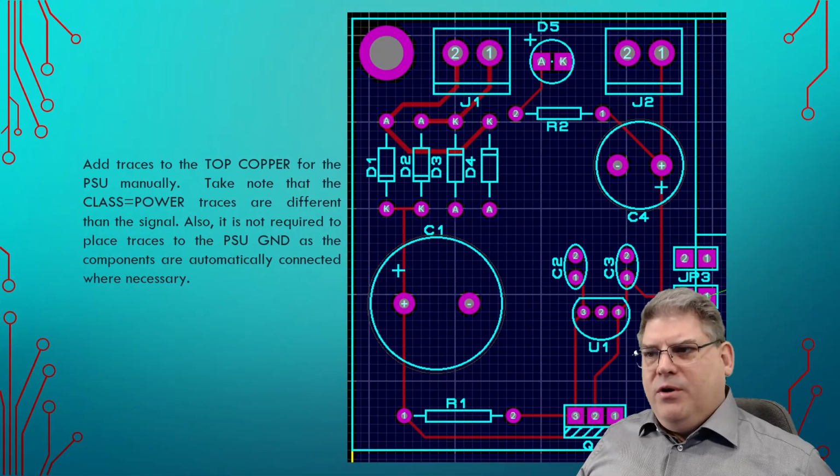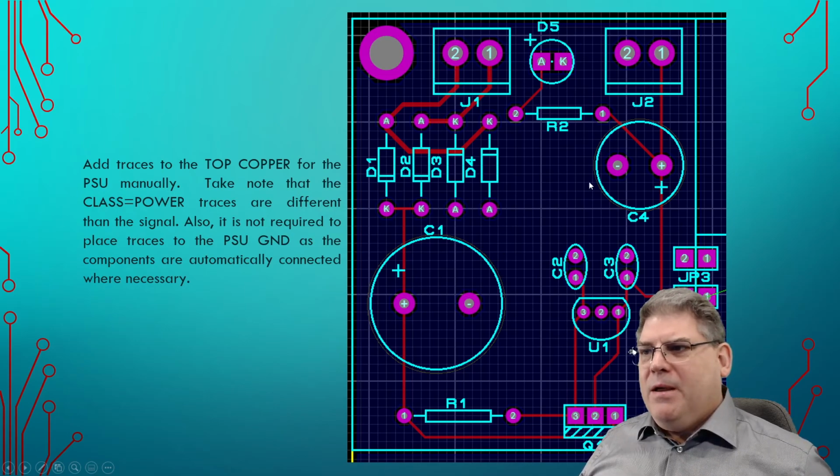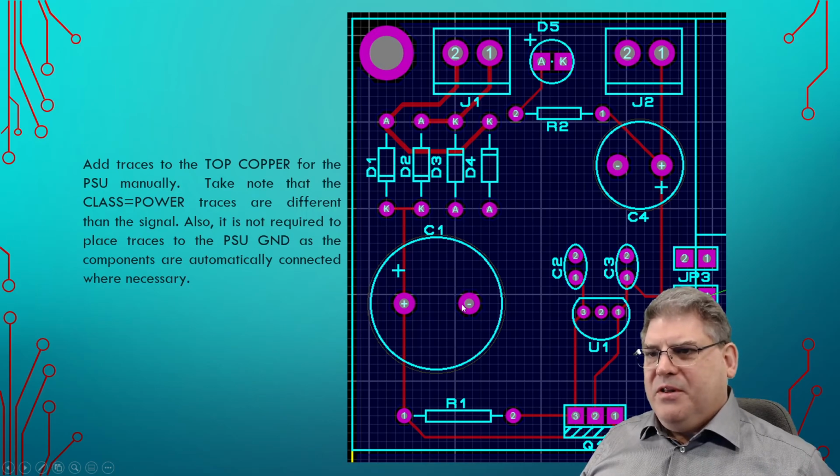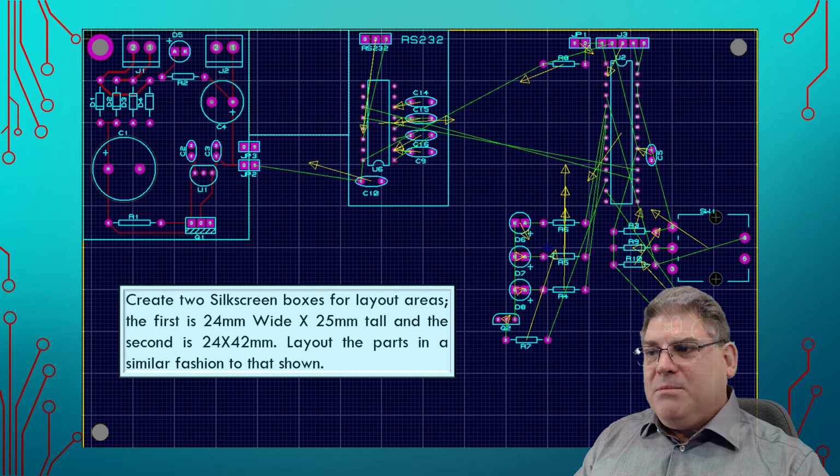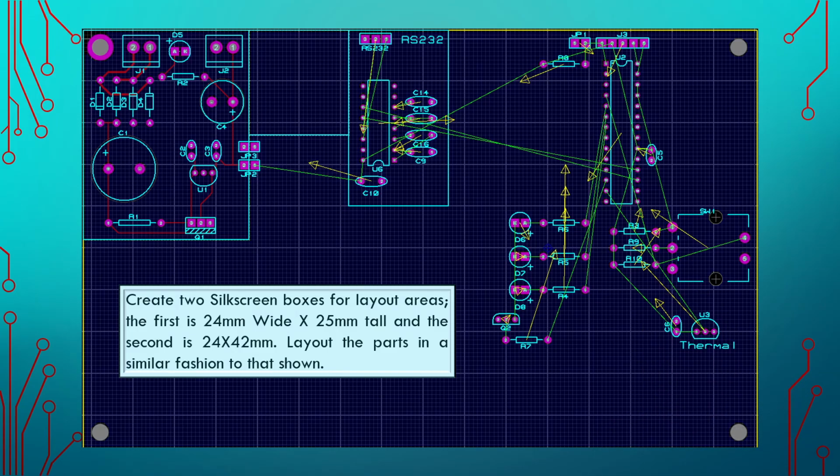Once you have your new ground plane placed, I want you to manually route all of your power supply. You can make it look similar to this. That'd be great. The next thing is to start to lay out the rest of your PCB. You'll notice that I have my encoder down near my microprocessor. I've moved my microprocessor over. We can drop in some mounting holes.